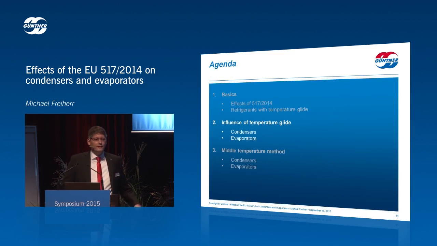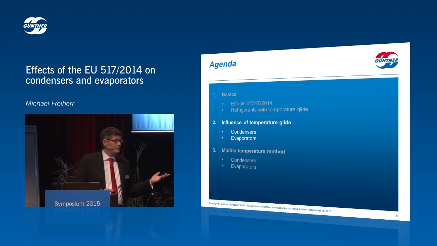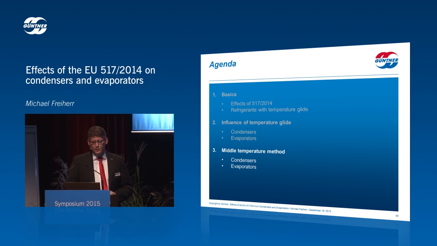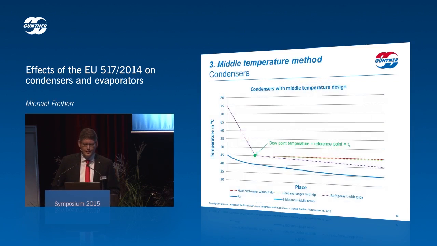The question is now, if you don't want that to happen, if you wish to select a slightly smaller condenser and you have a stable dehumidification performance, what can you do? You can use the mean temperature method, or as it says on the slide, the middle temperature method.